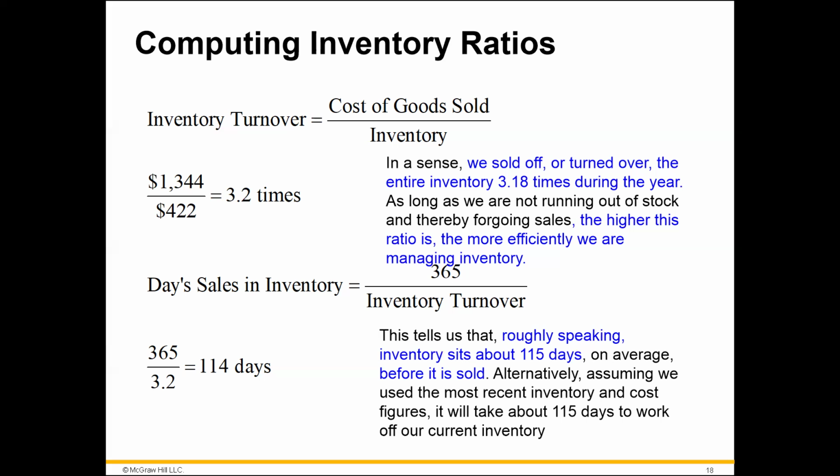This means that this company turned over its entire inventory 3.2 times during the year, right? So 3.2 times is a high number. This means that the preferred corporation is managing its inventory efficiently, right?